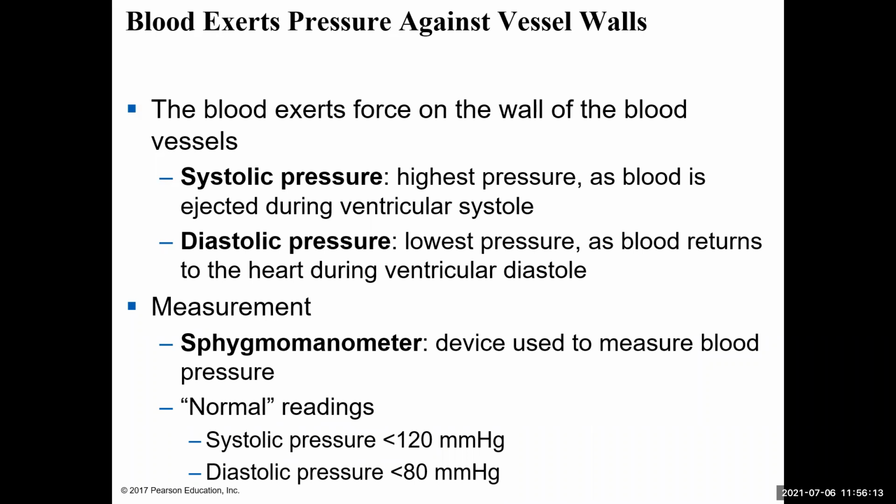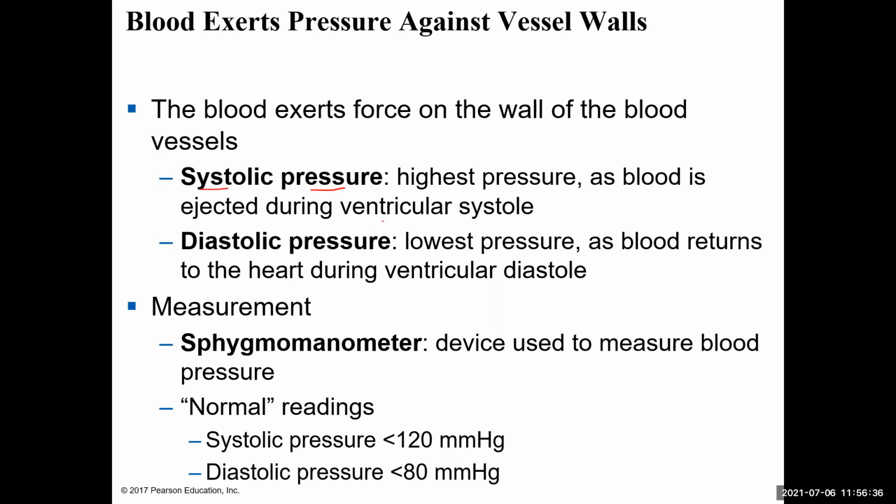Okay. And we can measure the pressure during the contractions of the ventricles, and we can measure the pressure during the relaxation of the ventricles to determine our blood pressure. Now, the pressure during contraction is the systolic pressure, okay?